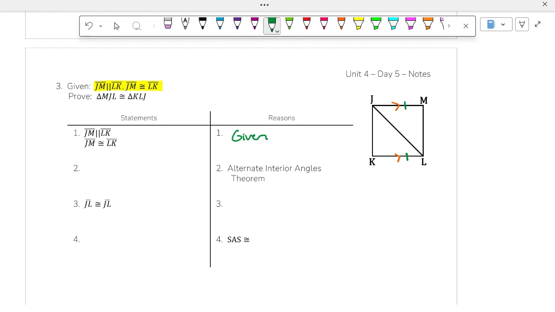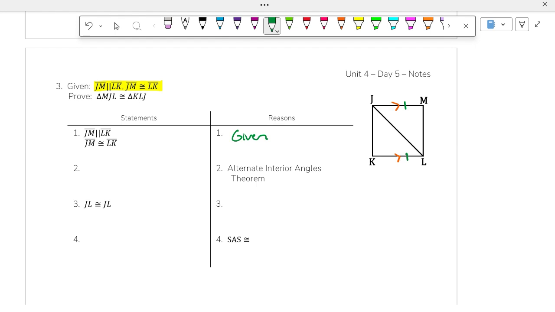Now, they then have a reason that says alternate interior angles. All right? So look on that gold sheet. If we're talking about alternate interior angles, what's our statement going to look like? First off, alternate interior angles are always what?